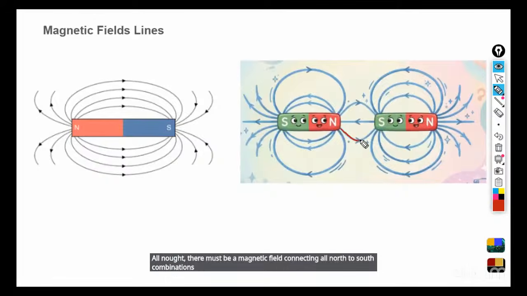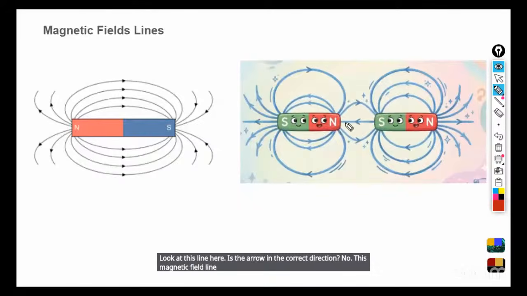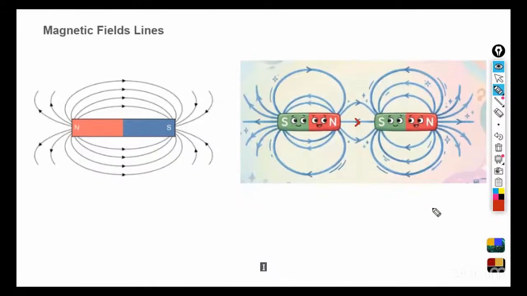I have the correct thing here, north to south. But you notice I have a little mistake here. Look at this line here. Is the arrow in the correct direction? No. This magnetic field line is going from south to north by mistake. I made a mistake in this diagram, right? It wasn't intentional. It was a genuine mistake.